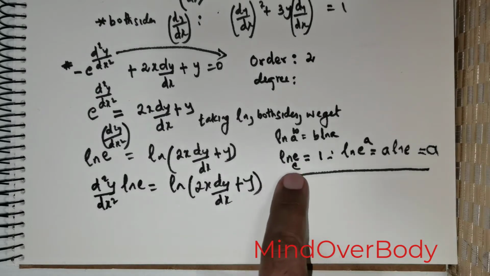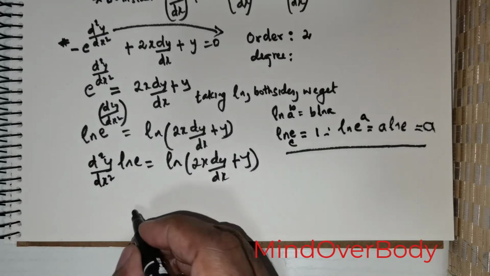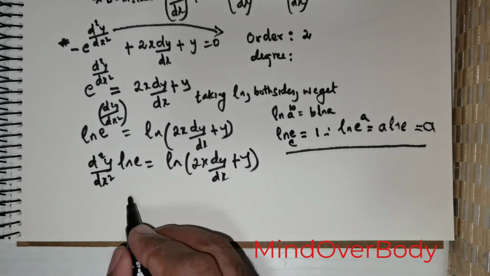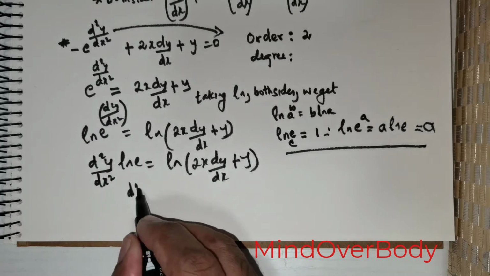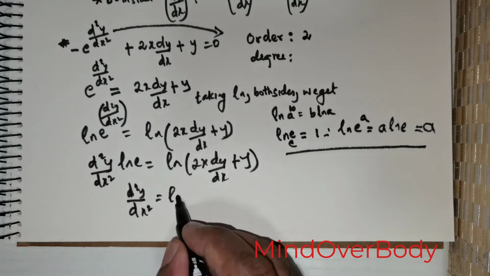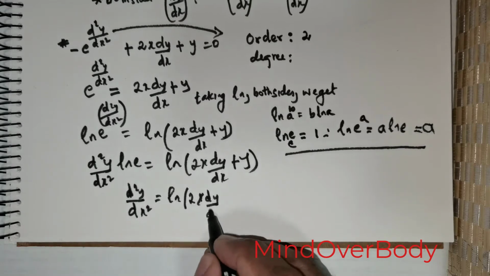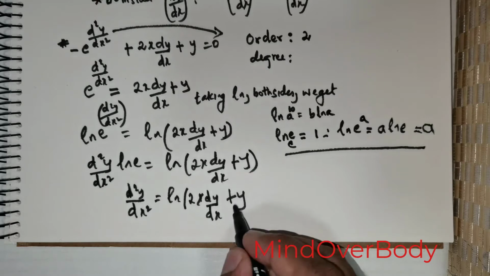Now ln e to the base e is equal to 1, so I get d squared y over dx squared is equal to ln of 2x times dy over dx positive y. So this is what we've got.